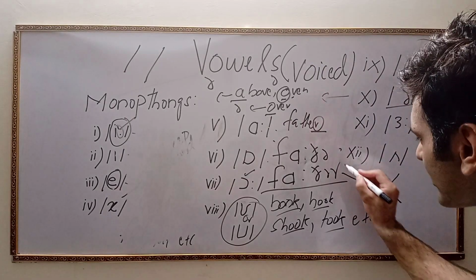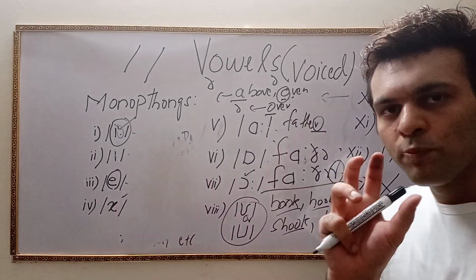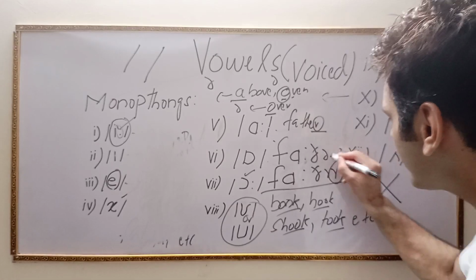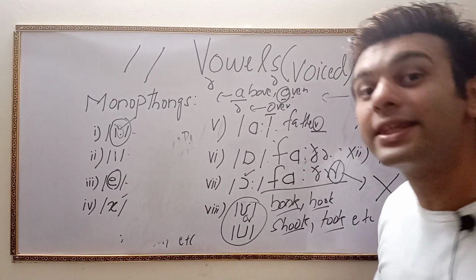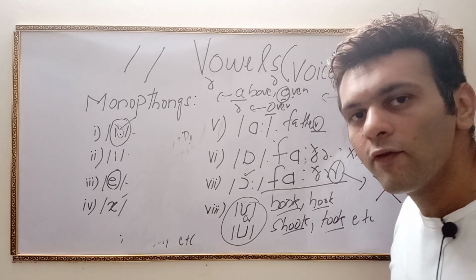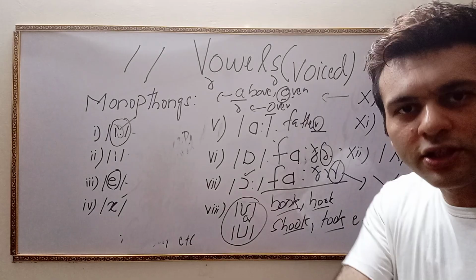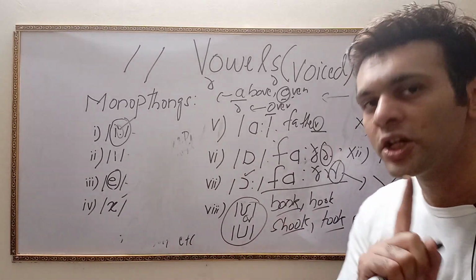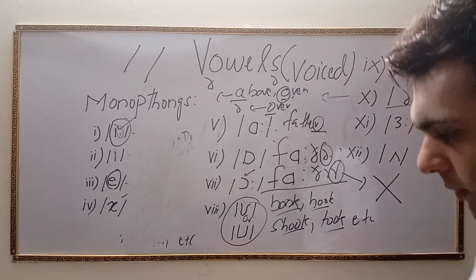No. There is no post-vocalic R. You will always put a schwa at the end, like father, not father with an R. So this last sound represents schwa sound. Which sound? Schwa sound. So this is again a short vowel.